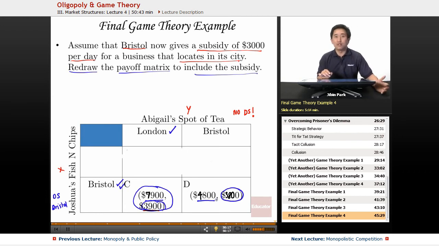So if it's a relative game, then you can argue that Abigail might go for Bristol. But again, if the goal is just to make the most money possible, and that's the assumption given here, then Abigail is going to choose to go to London when this is the Nash equilibrium.